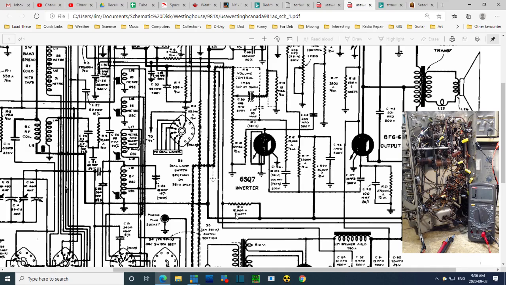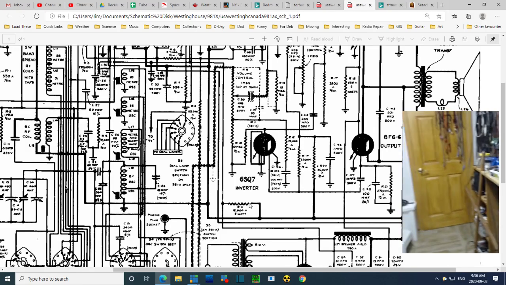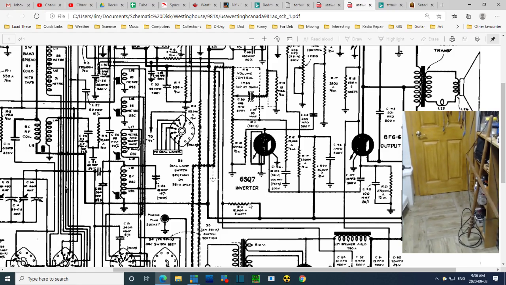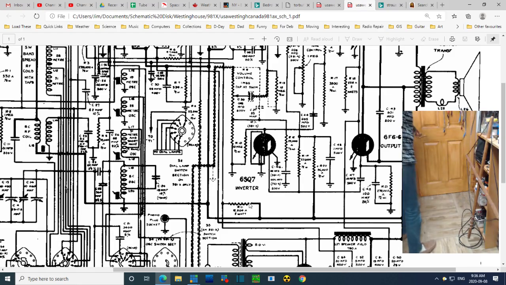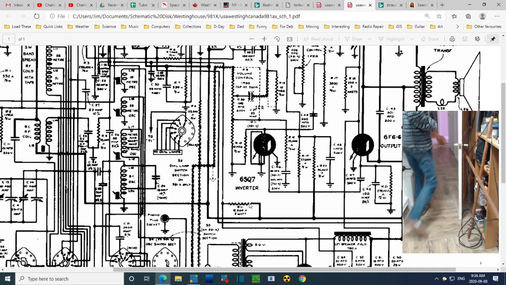What? R11. Well, who's meowing? What? Who's meowing at me now? You want to go out? To the garage? Okay. Come on.